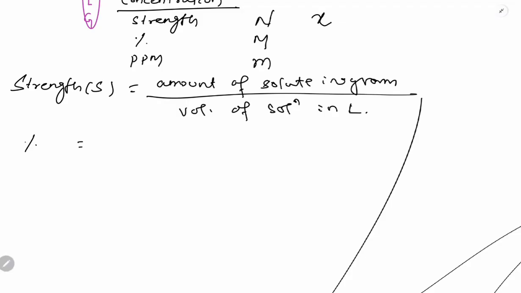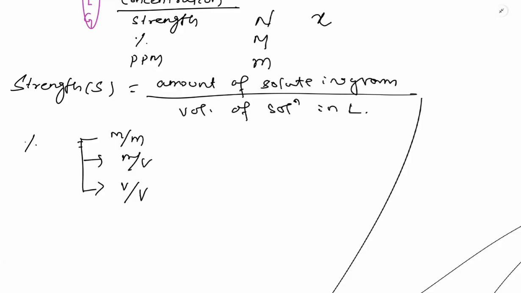Percentage is just like normal. It can be mass by mass percentage, mass by volume percentage, volume by volume percentage. So always remember, our numerator represents solute, while the denominator may relate to solution or to solvent.